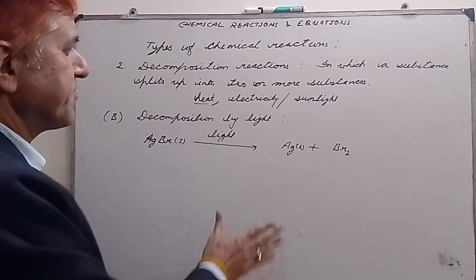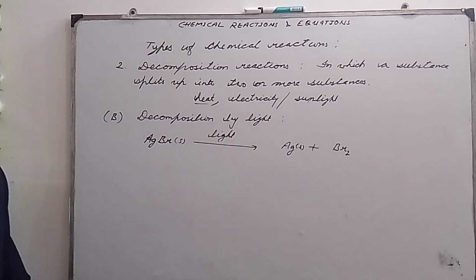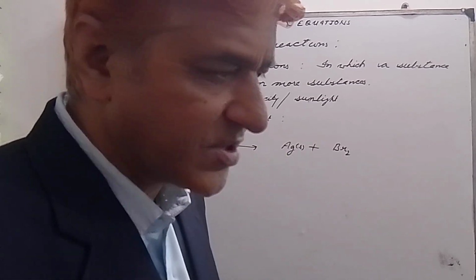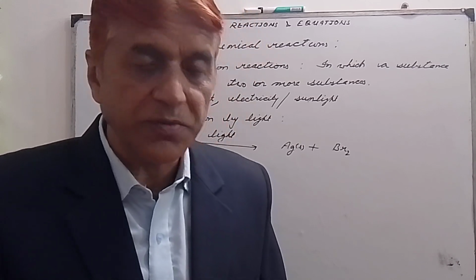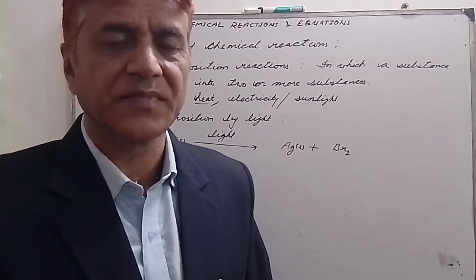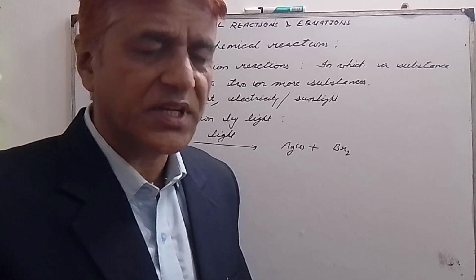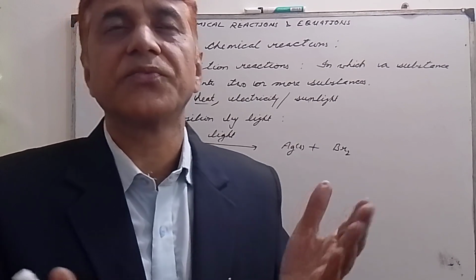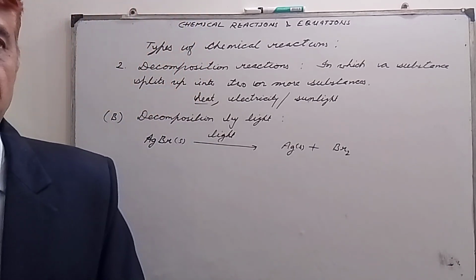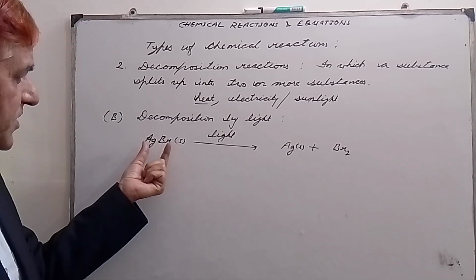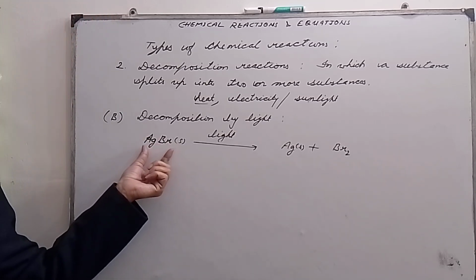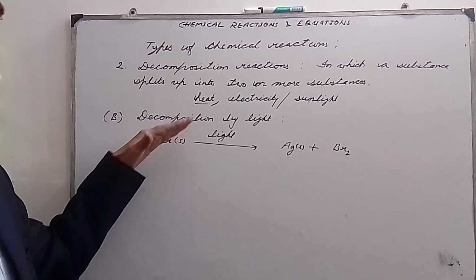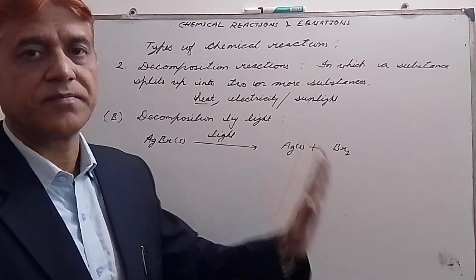Now this reaction is very important because it is used in black and white photography. Once again I am telling you, this reaction is used in black and white photography, because silver bromide is a photosensitive substance. When light falls on it, it splits into silver metal.